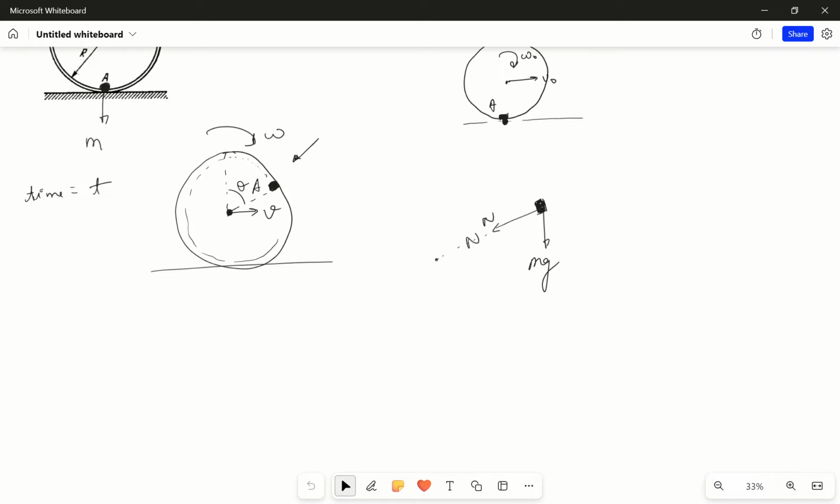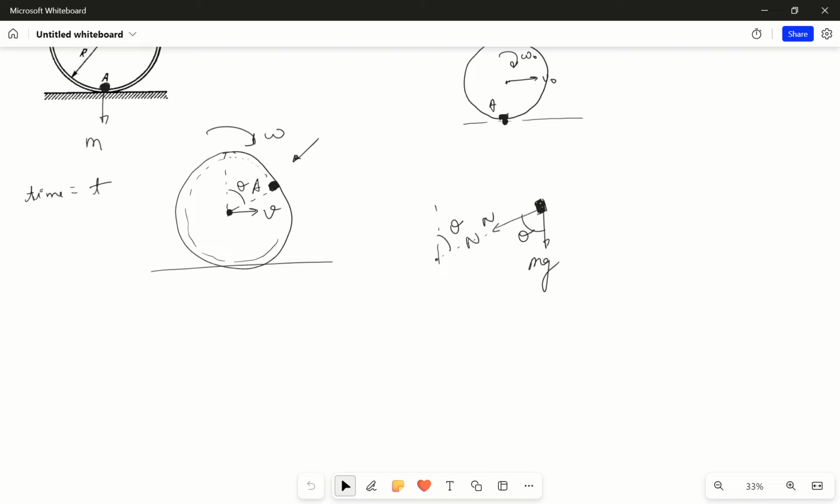So what we can write from this equation, this angle was theta, so this would be theta. N plus mg cos theta equal to, and its omega is given to us. Before writing that, first let me explain why I'm writing this equation.